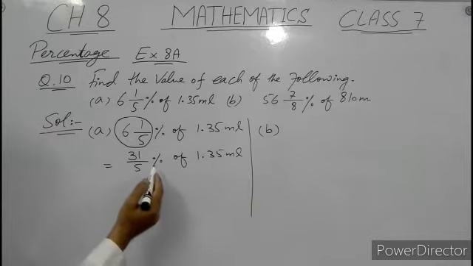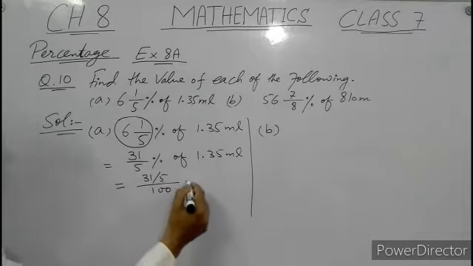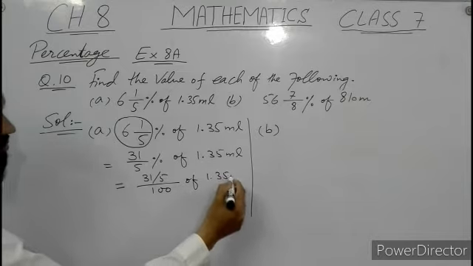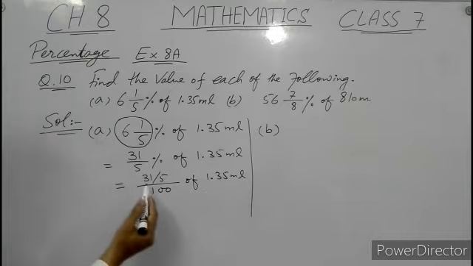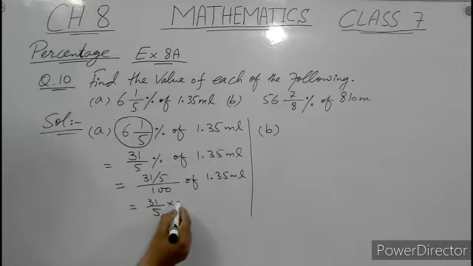Now by removing percentage sign, we will divide 31 over 5 by 100. 31 over 5 divided by 100 will become 31 over 5 multiplied with the reciprocal of 100.